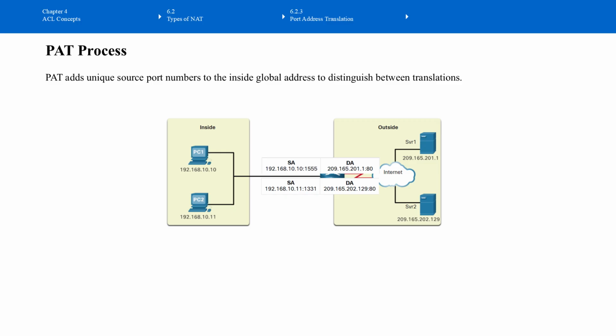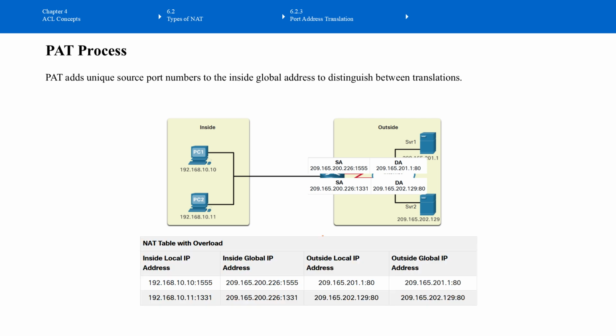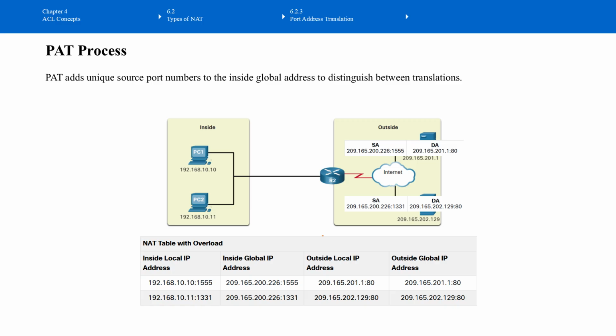The destination address is the outside global address with the service port number added. In this example, the service port is 80, which is HTTP. For the source address, R2 translates the inside local address to an inside global address with the port number added. The destination address is not changed, but is now referred to as the outside global IPv4 address.